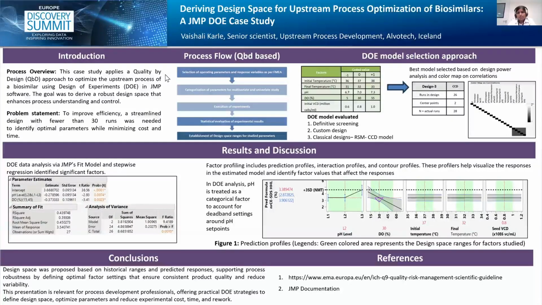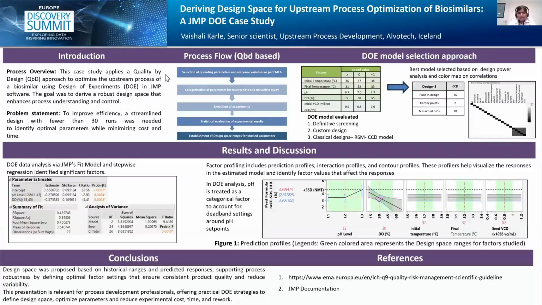That means the design space was showing that if we have the DO, or any factor, in this range, we will get our quality parameter or output parameter within our specified limit of plus 3SD. So this is the way the predicted values or predicted formula was extremely helpful to get to the accepted ranges or design space ranges.